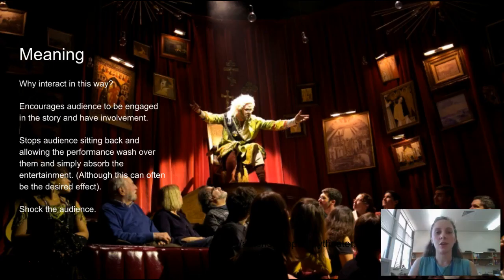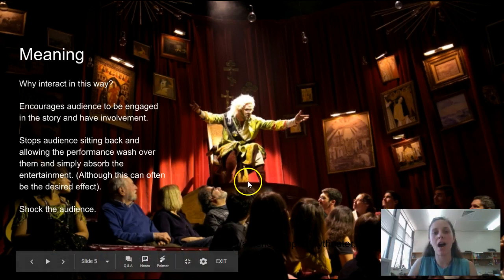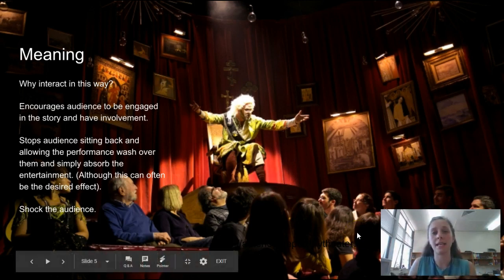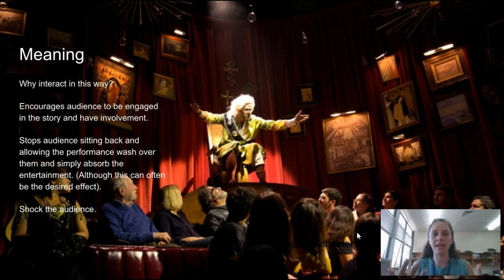Why do we use direct interaction? You can see here he's set himself up behind the audience. This type of interaction really engages the audience and encourages them to interact with the actors. It encourages people to see that they're there to not just be entertained and to let it all wash over them, that they're there for an experience and potentially to have their own thoughts about the play and what is involved in the play.